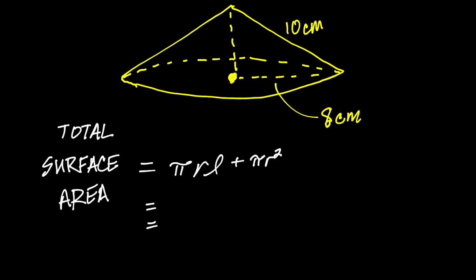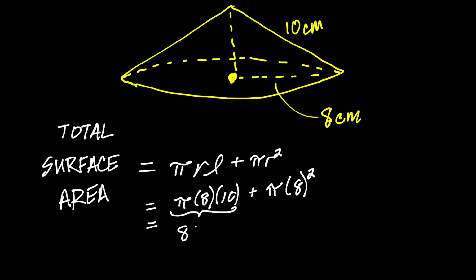Once you have your formula, all you have to do is substitute: pi times the radius of 8 times the slant height of 10 plus pi again and the radius squared. We already figured this part out in the previous example, and that was 80 pi.